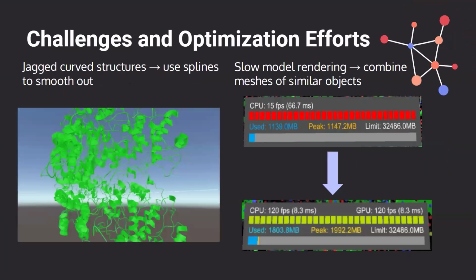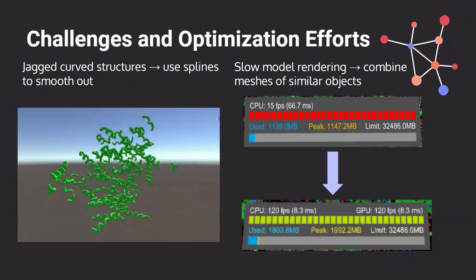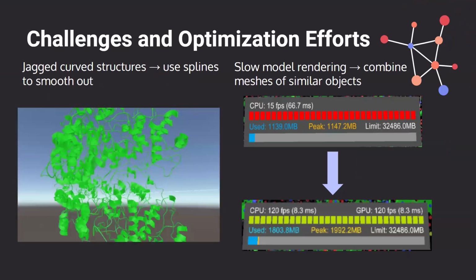We ran into two major roadblocks. First, Unity doesn't have any built-in curves, so initially the helices looked very jagged and disconnected from each other. By using geometric curves, we were able to make them flow better, and we were also able to find the residue sequences to create those extra ribbons you can see.